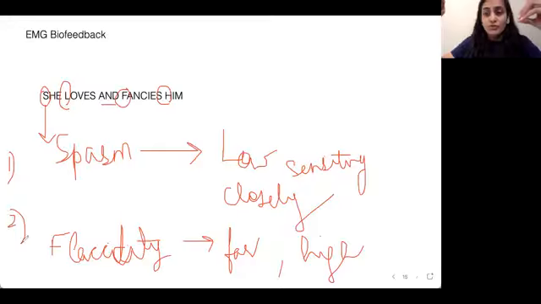Whenever they ask you the initial parameters for muscle spasm, it's always going to be close spaced and low sensitivity. If they ask you the initial parameters for flaccidity, it's always going to be far spaced and high sensitivity. Now this is provided your muscle is of adequate size.